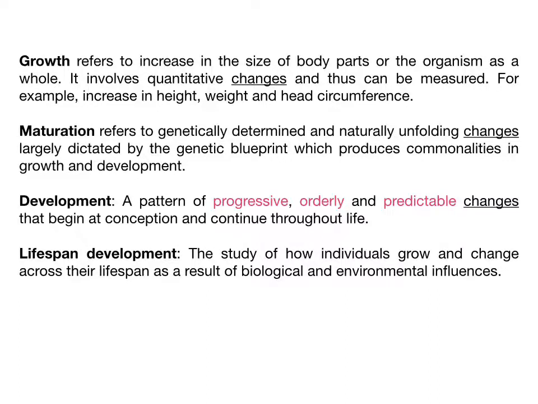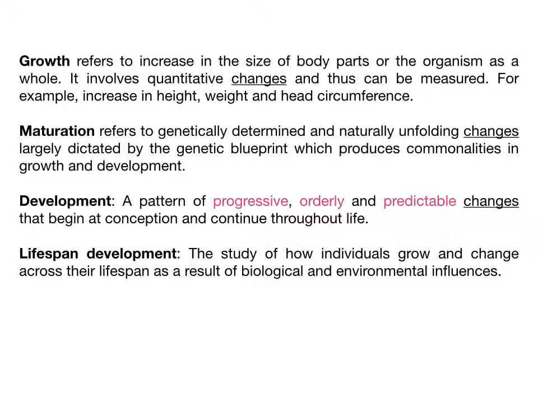So, in a way, maturation refers to the biological part of development. In the previous slides, we talked about determinants of development. We know that development happens because of 1. Genetics, and 2. Environment. The genetic part of development is what we understand by maturation. Maturation is that part of development which happens because of the biological imprinting.